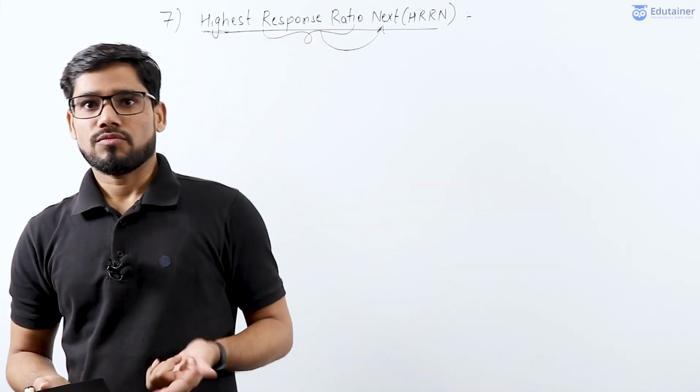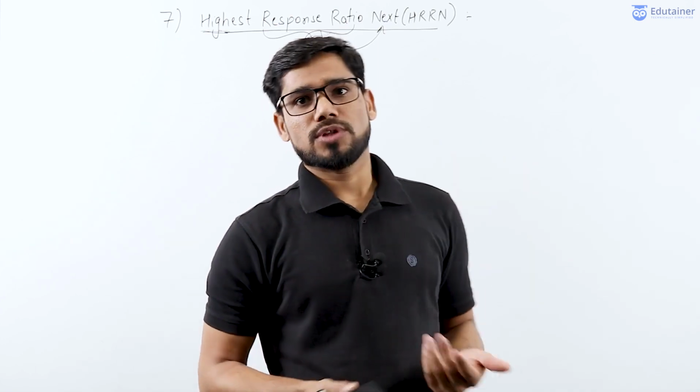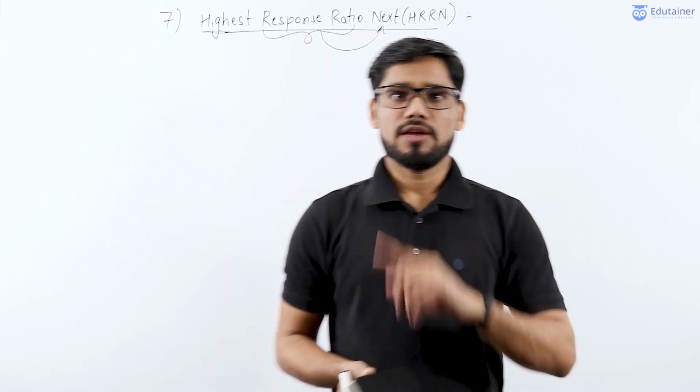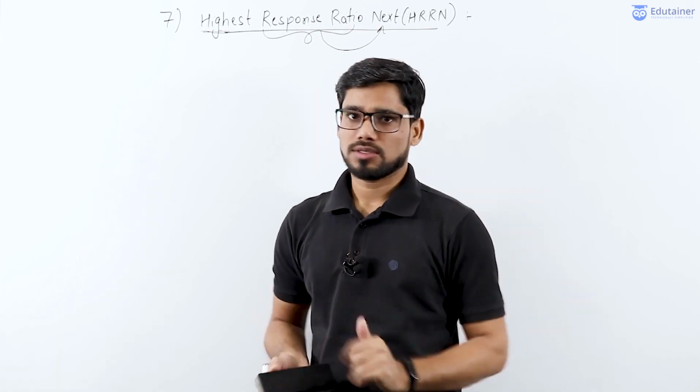Then next time, when the next process is available, we again compute the response ratio, take the process with the highest response ratio, and schedule it to the CPU.